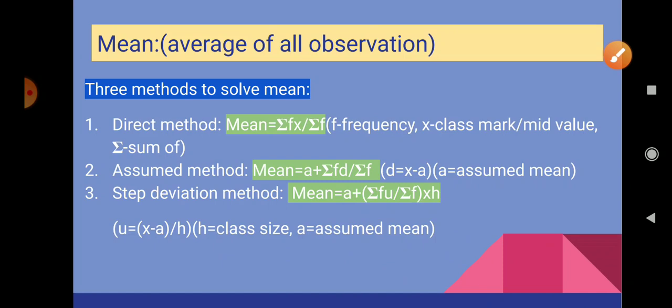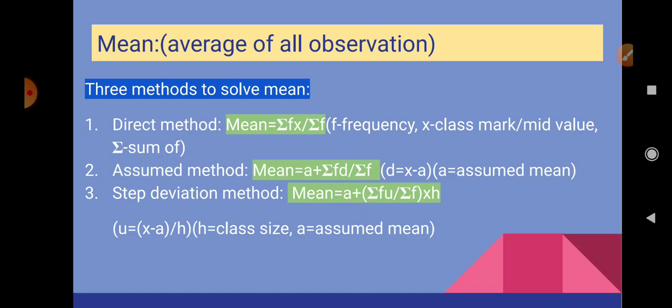Again I'm repeating: three methods of solving for the mean are the direct method, assumed method, and step deviation method. You can use any method to solve the mean question. In the exam, if you use any method, they will give marks.